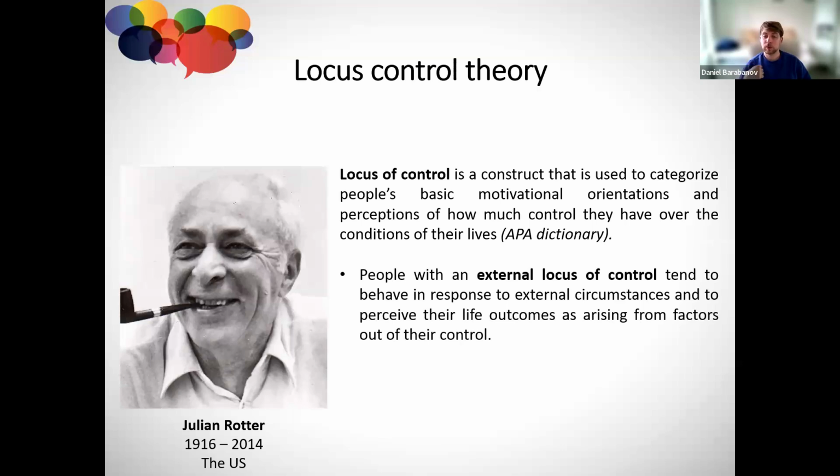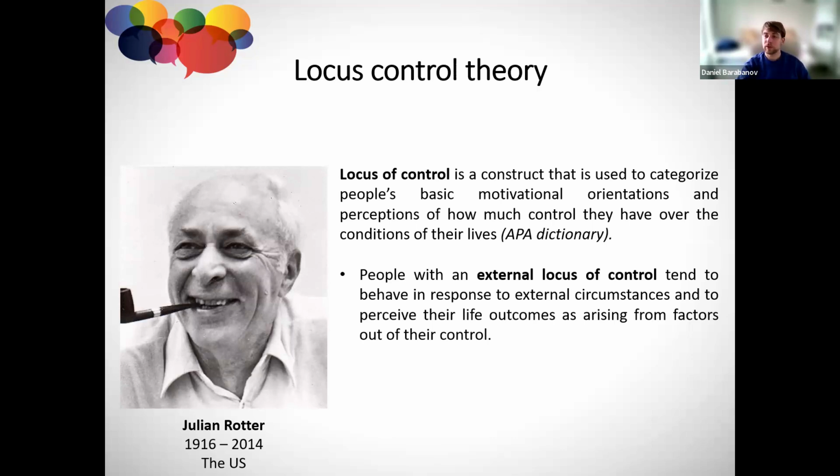So people with an external locus of control don't feel that they can influence many things, and they suppose that their life is determined by external situations like weather, the phase of the economic cycle, big corporations, other people, and so on.